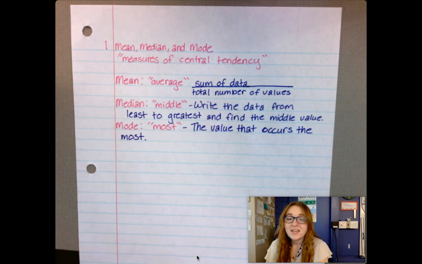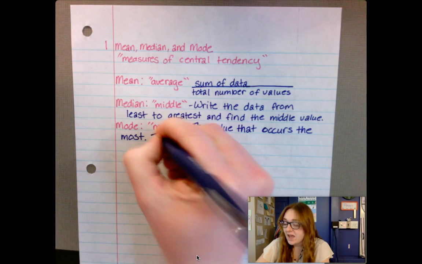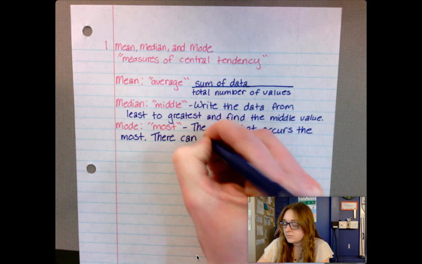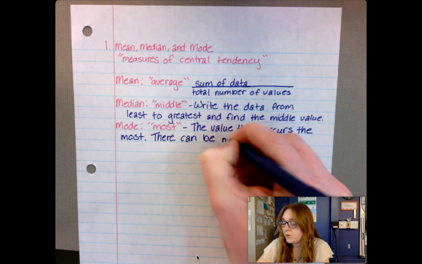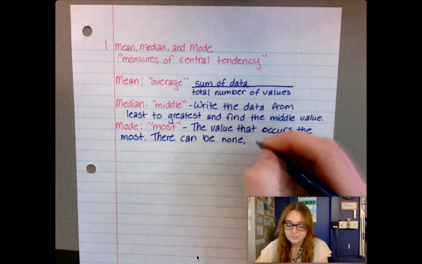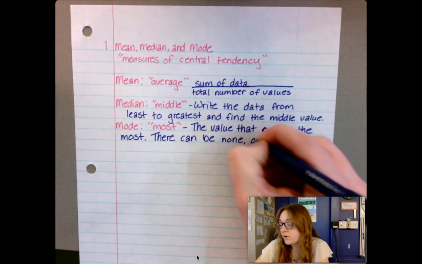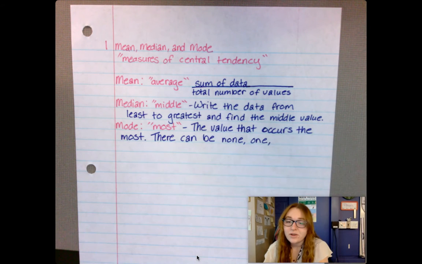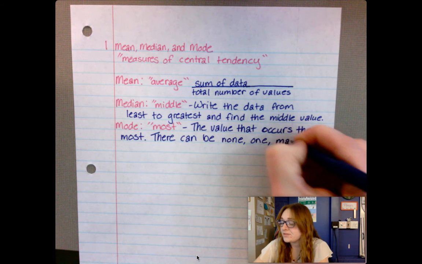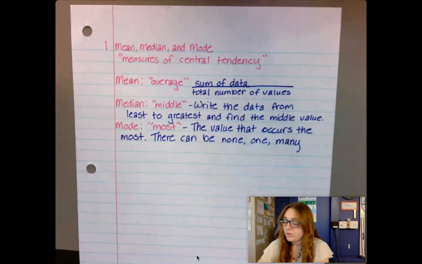So if something repeats a whole lot, that is our mode. There can be no mode. So there can be none. If nothing ever repeats, then we have nothing that repeats the most, so there is no mode. We could have one mode if we have one value that repeats a lot, and we could actually have many modes if multiple numbers repeat.